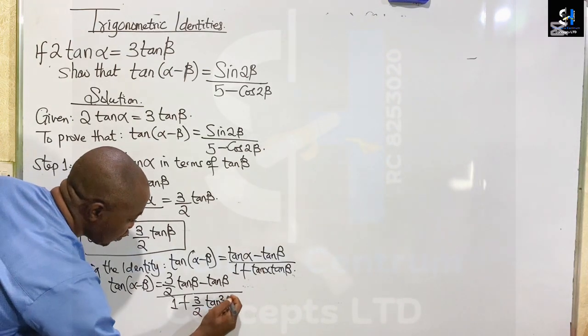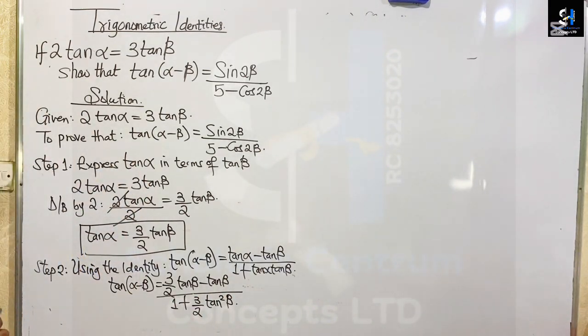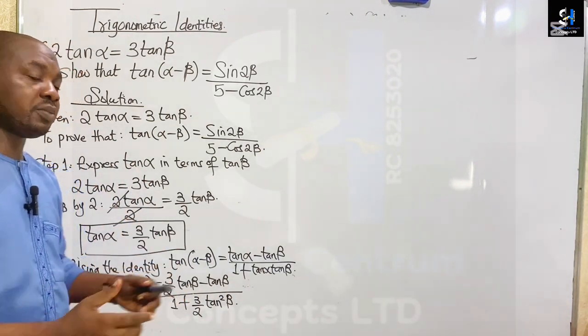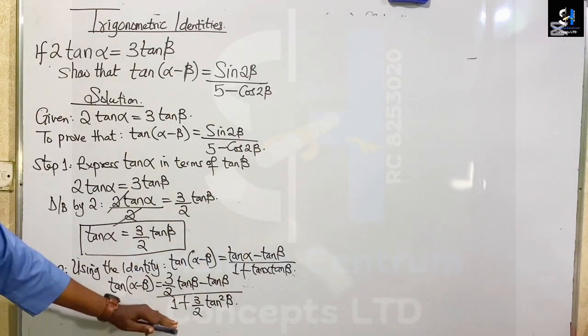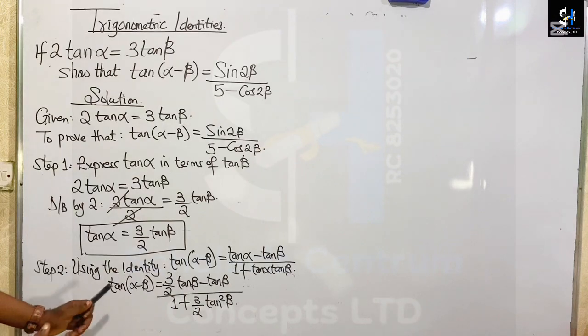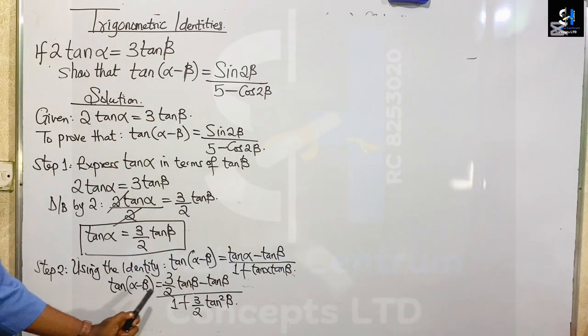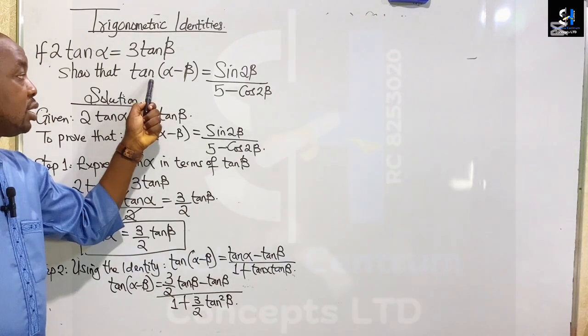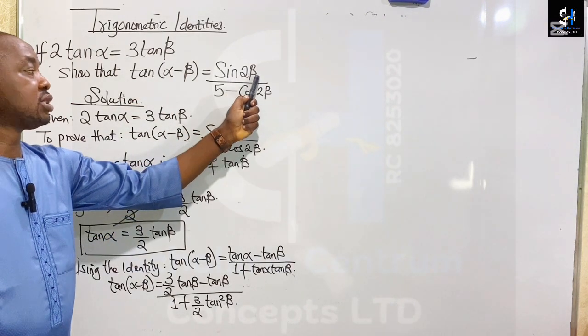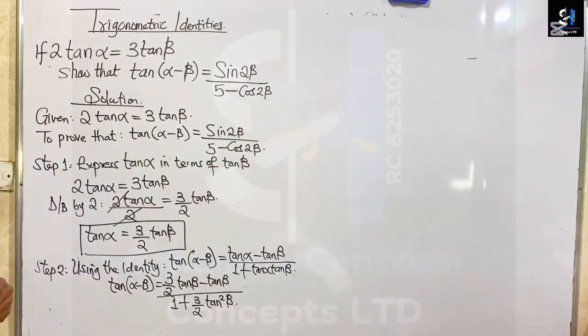That will be tan square beta, because tan beta multiplied by tan beta is tan square beta. Now let's simplify the right hand side.